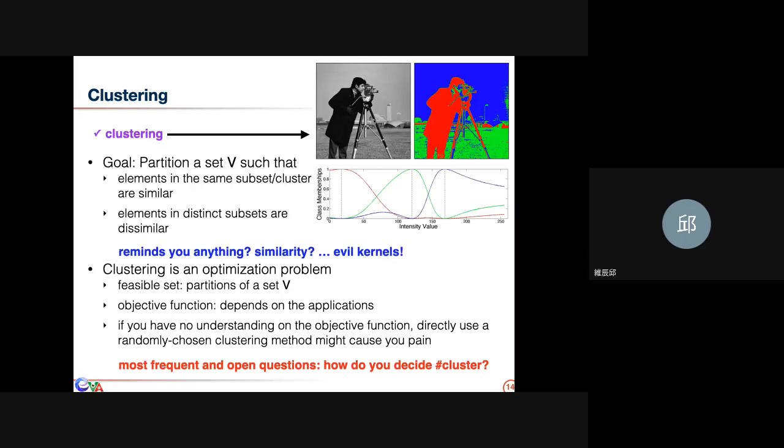So if I want to group my data set into some subsets, then for most of the algorithms, you need to first decide how many clusters you want to have. The way that you use to make such a decision will be different across different algorithms.